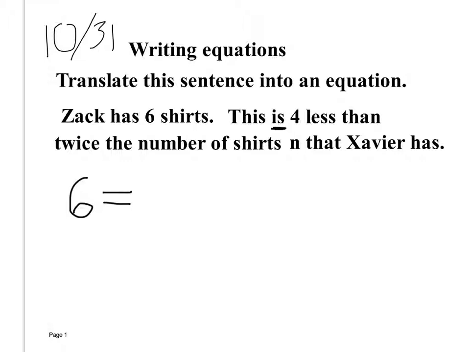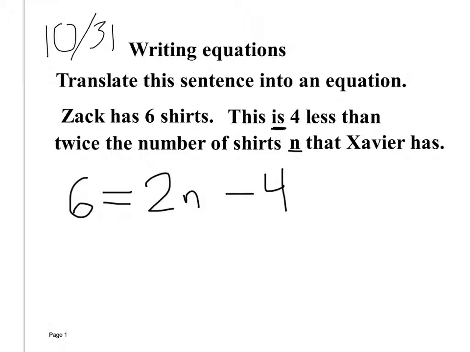Remember from our notes on day 2, less than, we write as minus 4. With less than, you switch the order. It's in your notes somewhere. Twice the number of shirts, so twice means times 2. We're timesing it by n. So 2n minus 4.